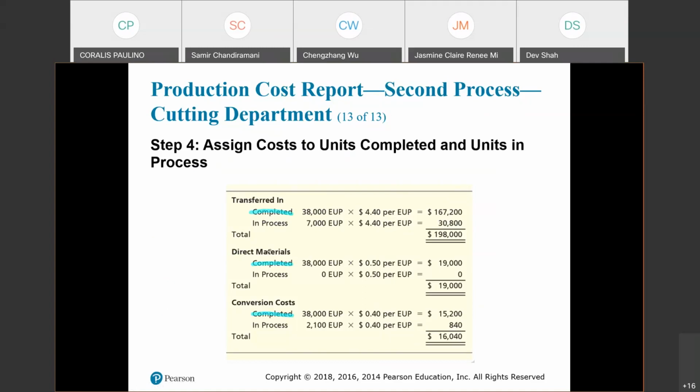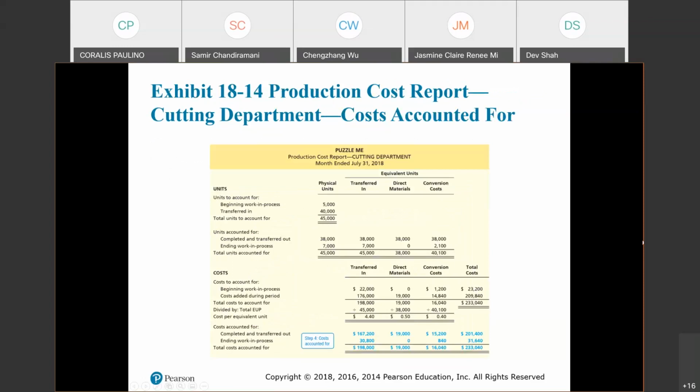And the last 3 steps are in process units in terms of transferred in, in process units in terms of direct materials and for conversion costs. So now the production cost report for the cutting department is completed.